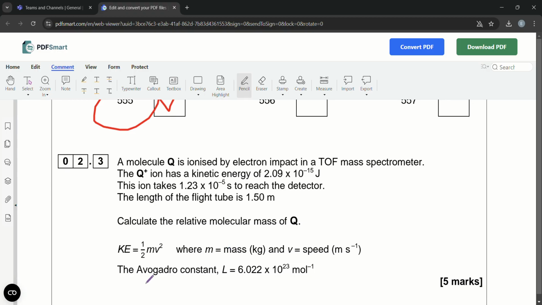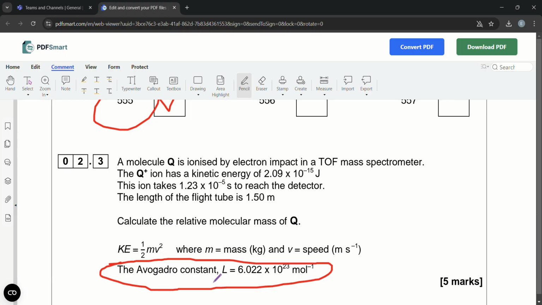There's a reason they've given us Avogadro's constant. Usually when they give you Avogadro's constant L, they want you to use it. So we work out a mass, and then times it by L to get the molecular mass of Q.